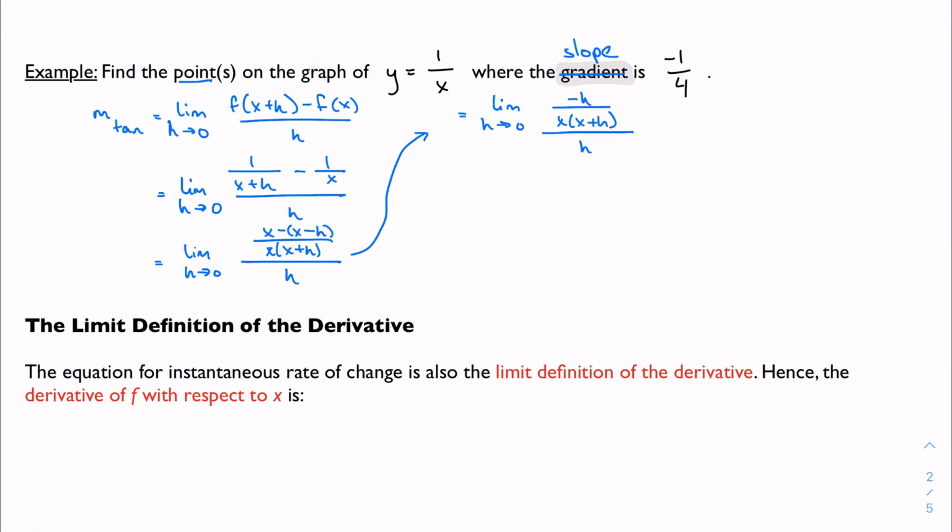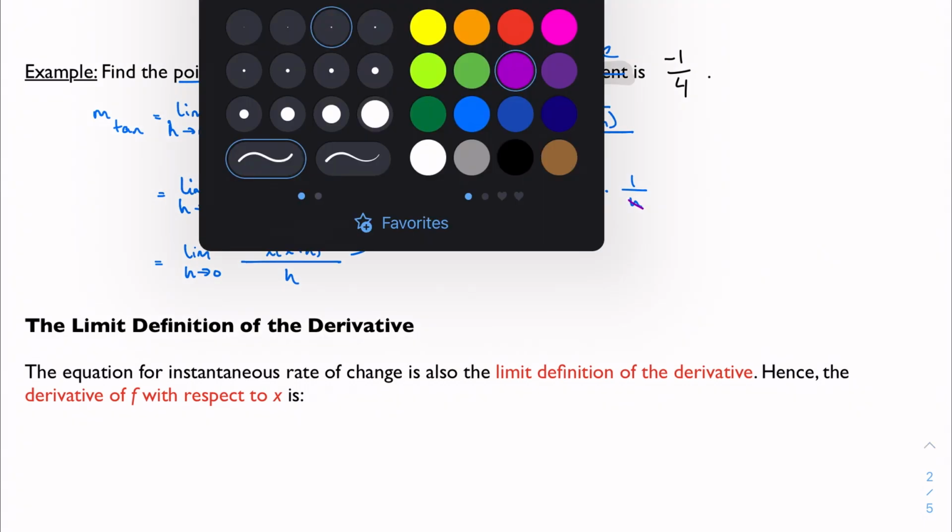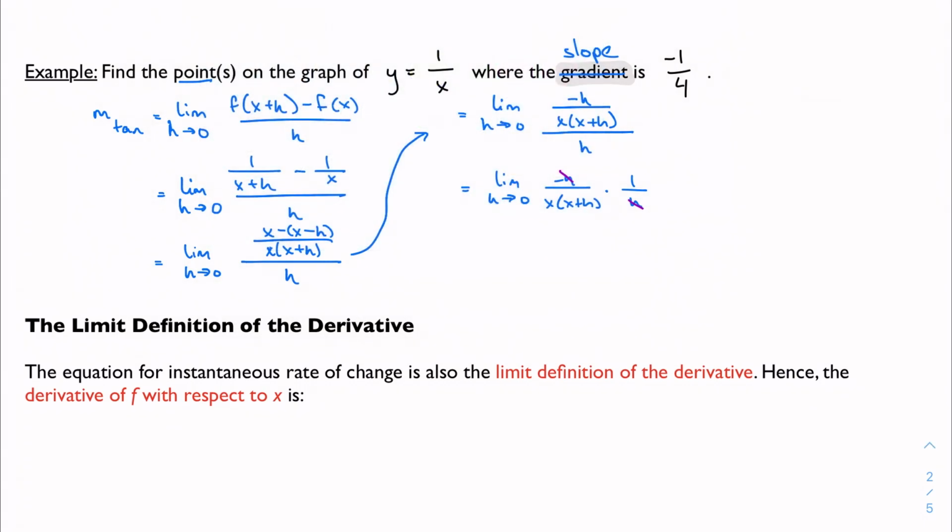If I take care of the complex fraction, that can be rewritten as negative h over x times x plus h times 1 over h. So my h's can cancel. That's helpful. And now I've got negative 1 over x times x plus h.